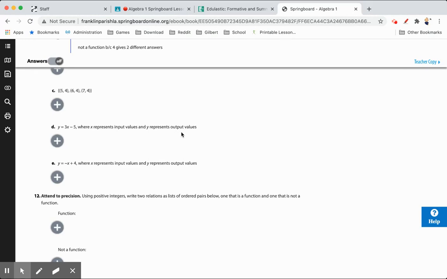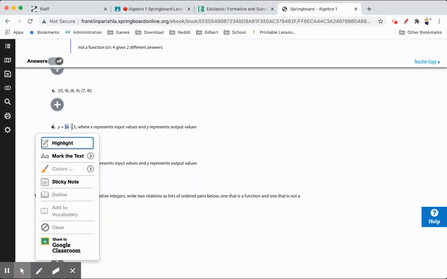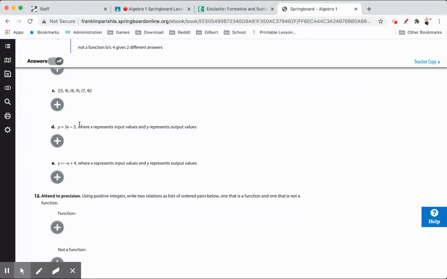No matter what I put in, I will get out a number. If I put in 0, it'll give me -5. Y equals -5 if I put a 0 right there. If I put in a 10, it'll give me 30 minus 5, which is 25. Every number I put in will give me a number to come out.